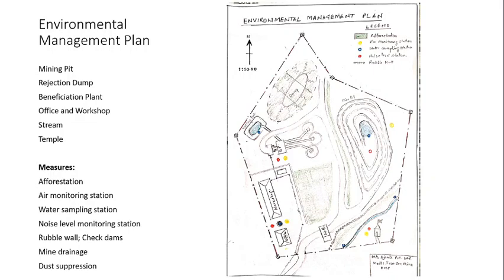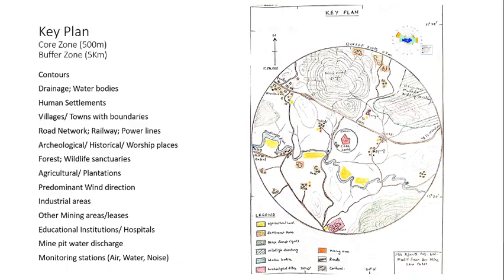Also, there should be continuous spraying of water along all the roads to suppress the dust. So all these features will be included in an environmental management plan of a mining lease. Then we move on to the key plan.